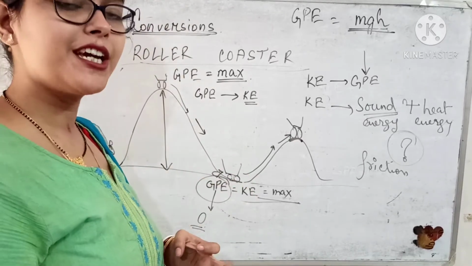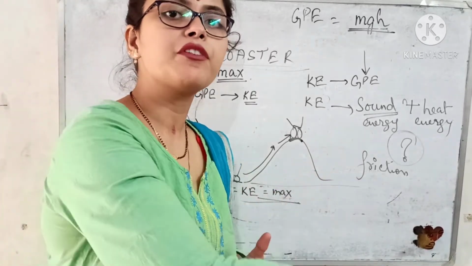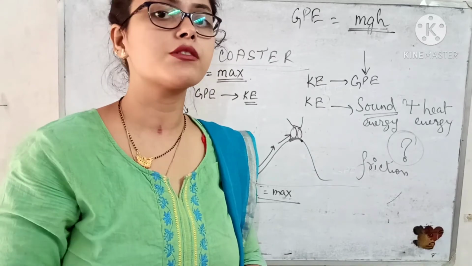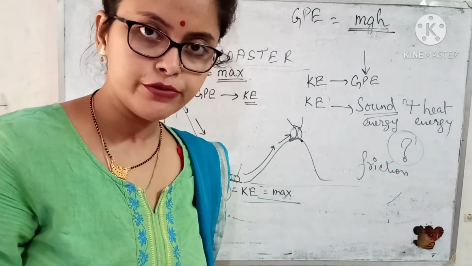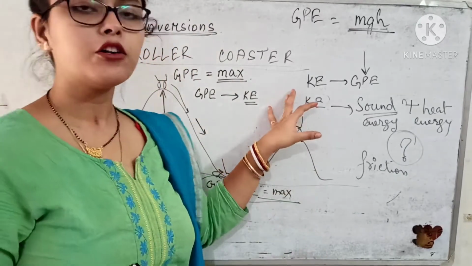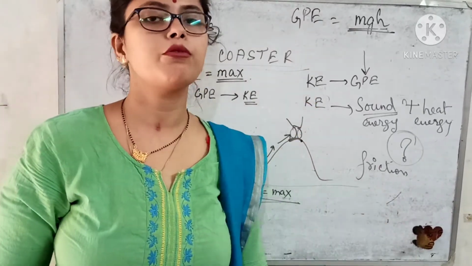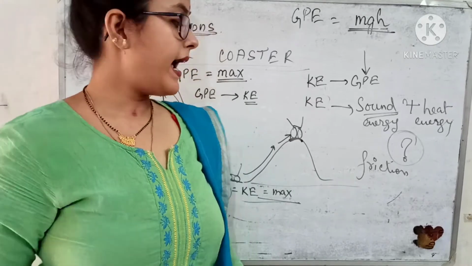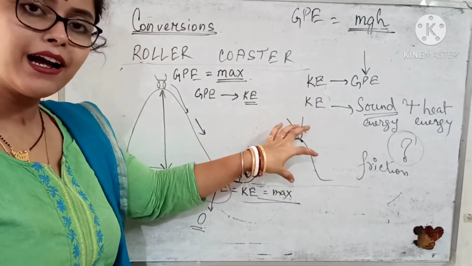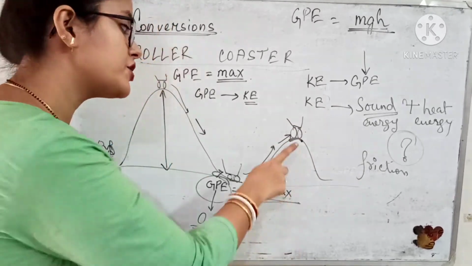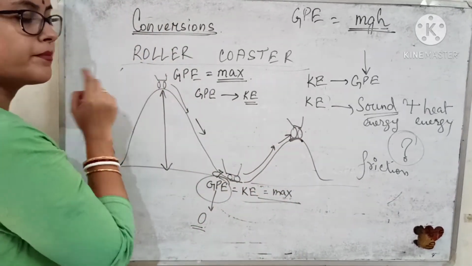Because a part of the energy is slowly getting converted to other forms of energy which are actually not required. That is, the sound and heat energy is actually not required, but still a part of the energy is getting converted to sound and heat energy. So at this particular hill, the cart will have gravitational potential energy less than this height.